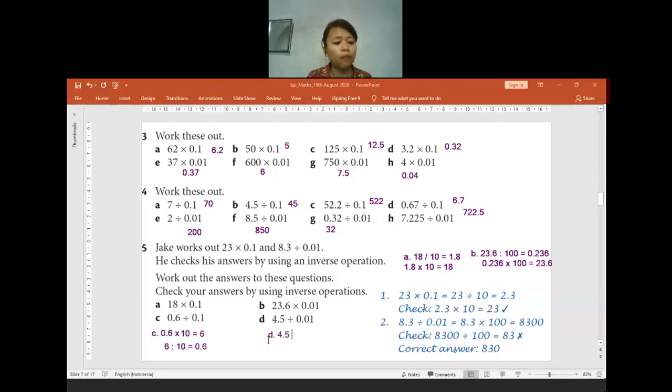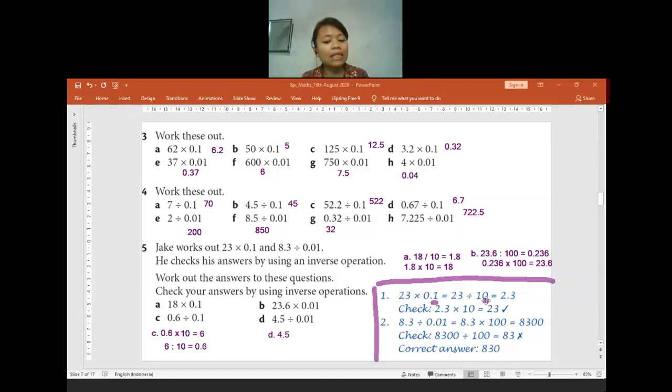For question 5, we already have the example of how Jack answered his task. Here, he needs to do 23 times 0.1. When we multiply a number by a decimal, we can change it into a division. Because this is one decimal place, there is only one zero.